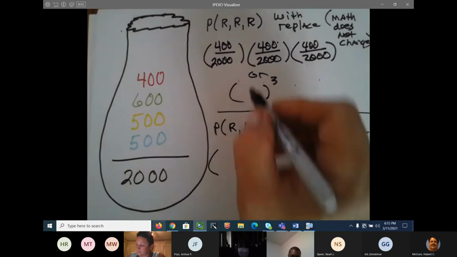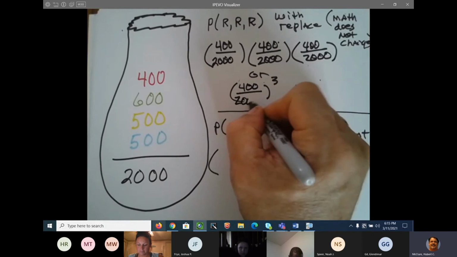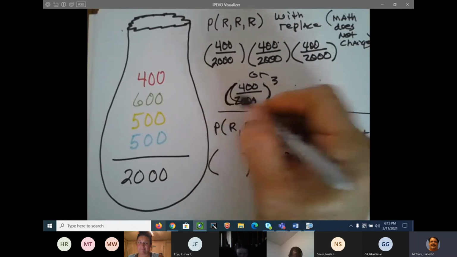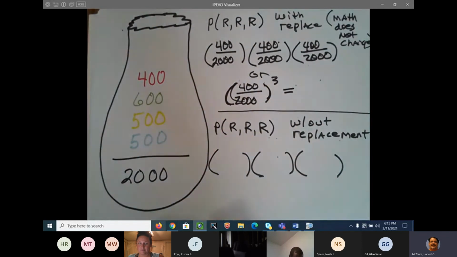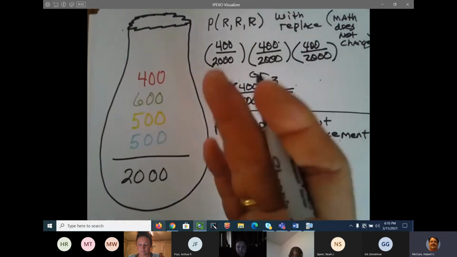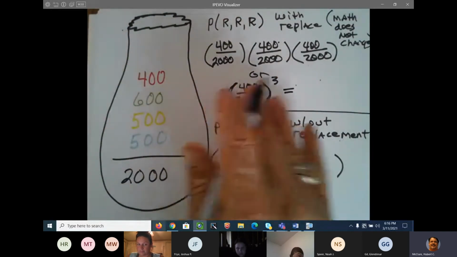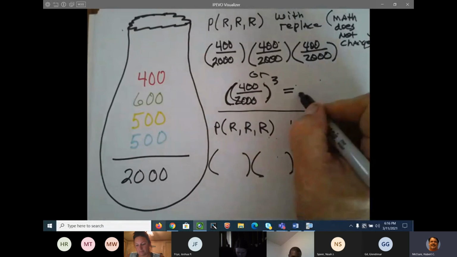Okay? So somebody take 400 and divide by 2,000 and raise it to the 3rd power. 0.2. I want to keep it simple because I'm trying to keep it simple as far as showing you how to do these. So I'm not simplifying. I'm just 400 divided by 2,000, raise it to the 3rd power and give me 5 decimal points.